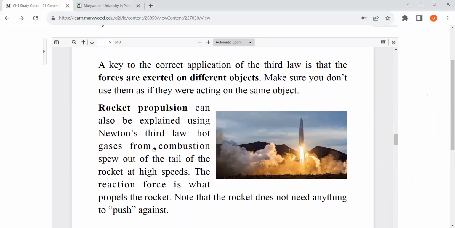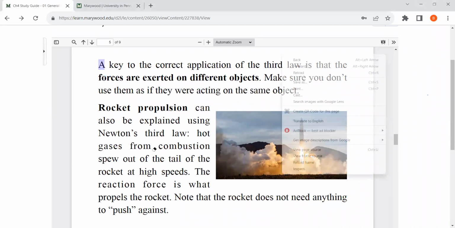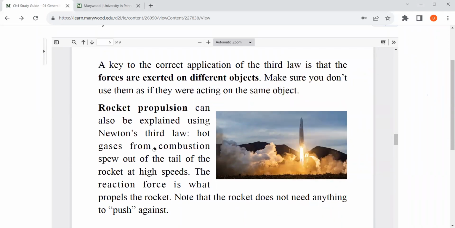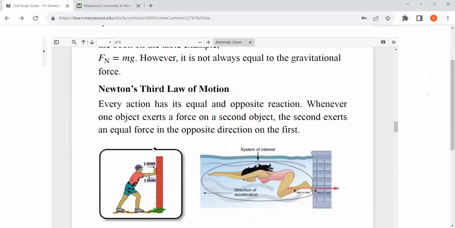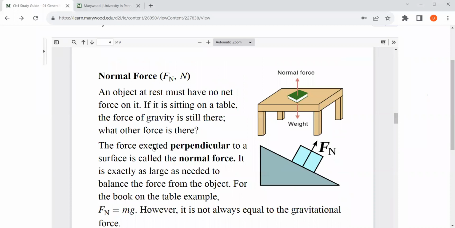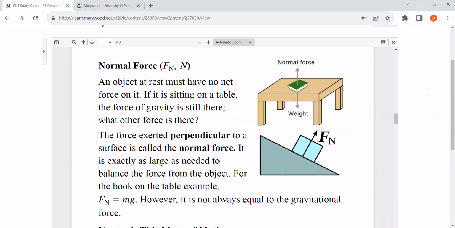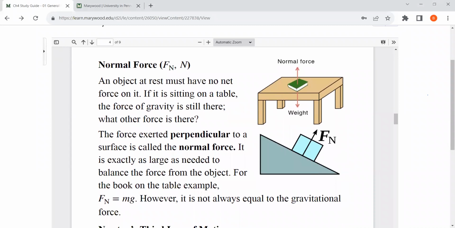Many students make mistakes understanding Newton's third law and some other things. For example, the mistake with the normal force and the weight: many students think that the normal force and weight are the action reaction pair of Newton's third law.